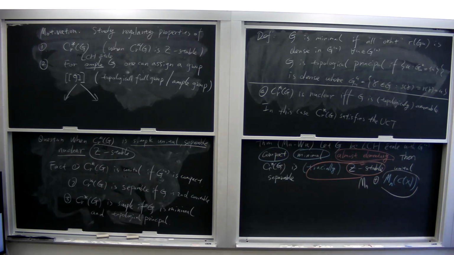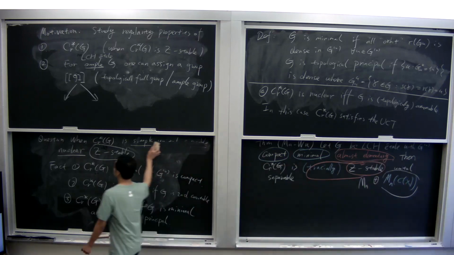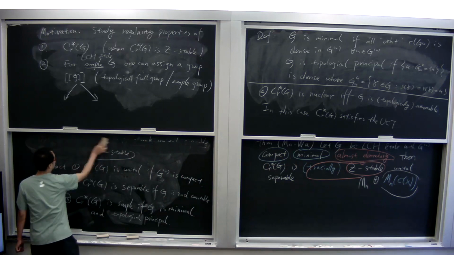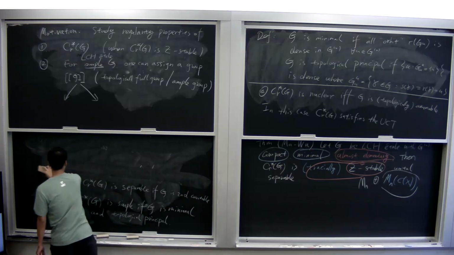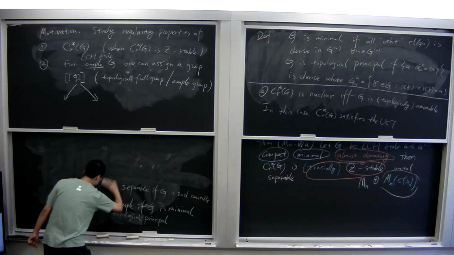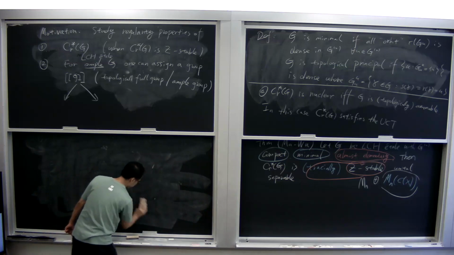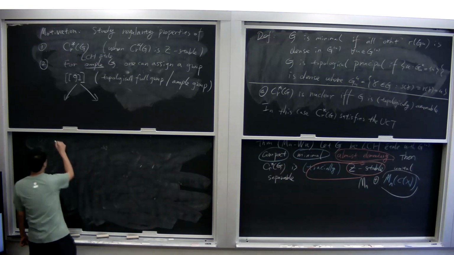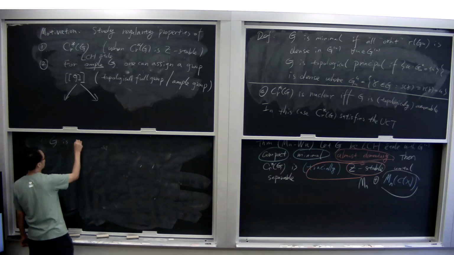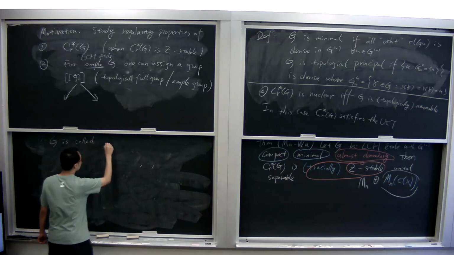And almost elementary. What does almost elementary mean? Then you have to add some non-trivial condition here. So a groupoid is called almost elementary.